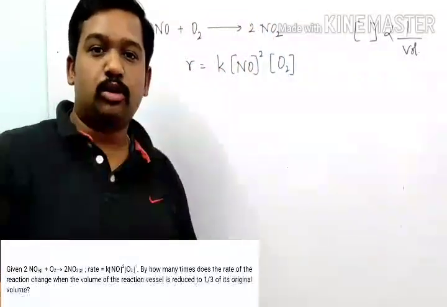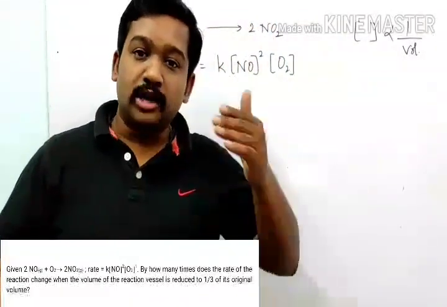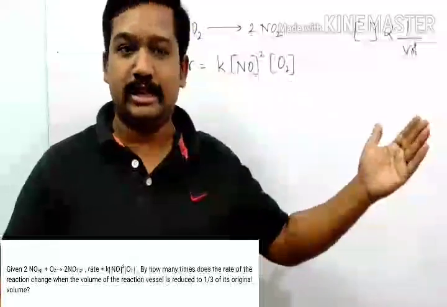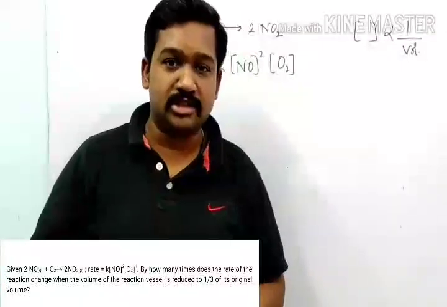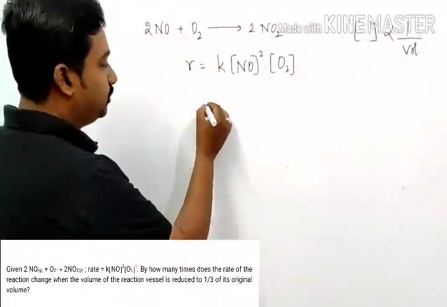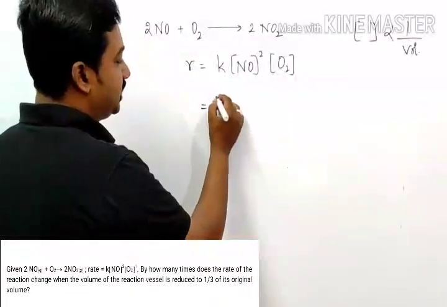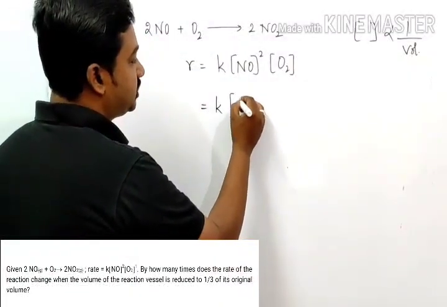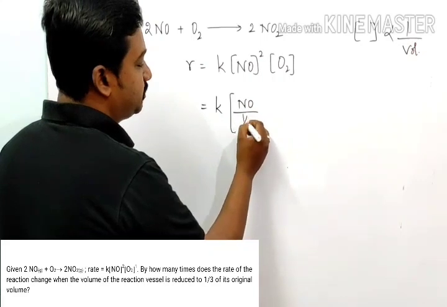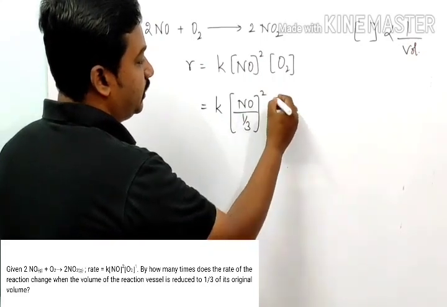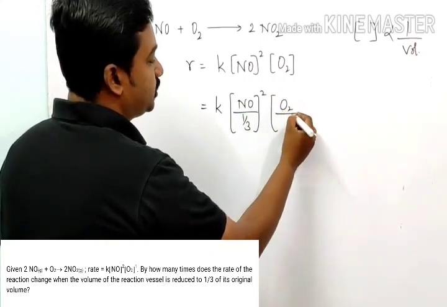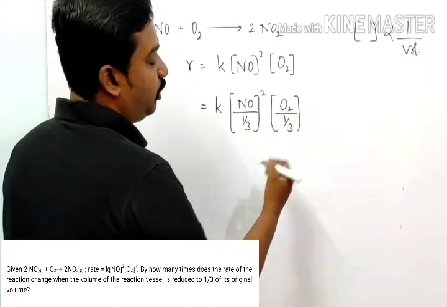Upon increasing the volume, concentration decreases, and on decreasing volume, concentration increases because they are inversely related to each other. Now that the volume is reduced to 1/3, the concentration of NO changes, and O2 also changes accordingly.